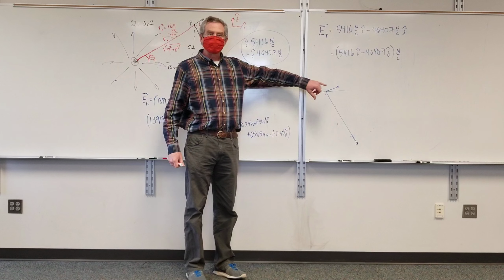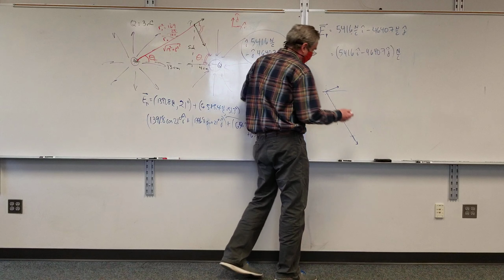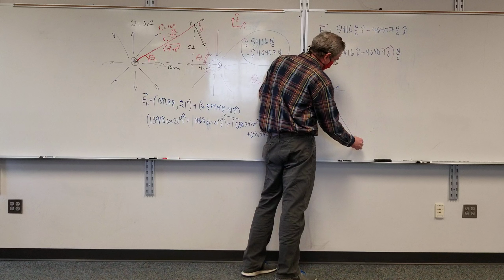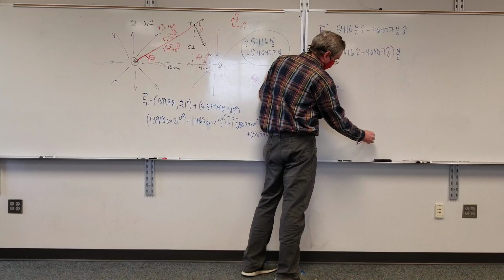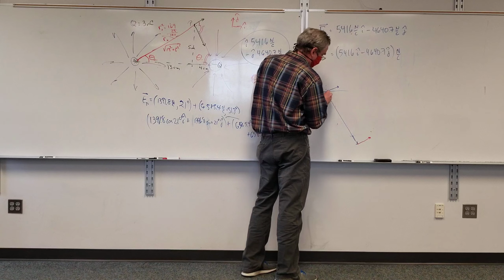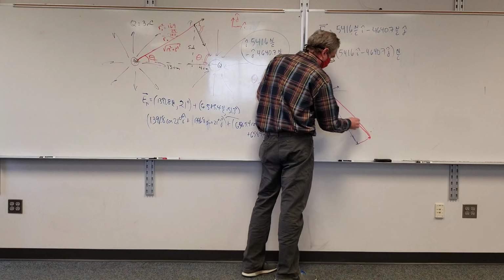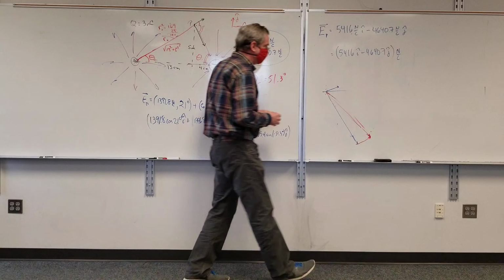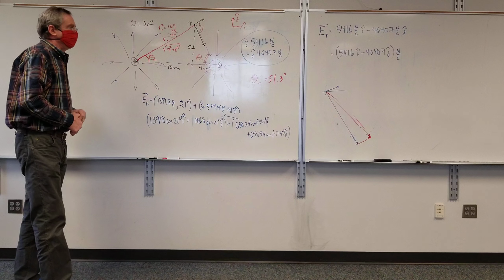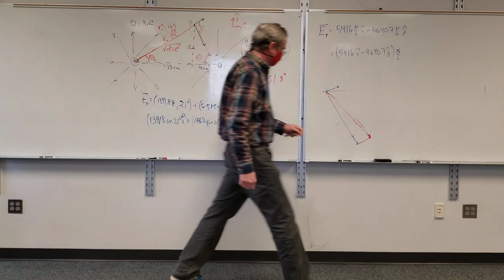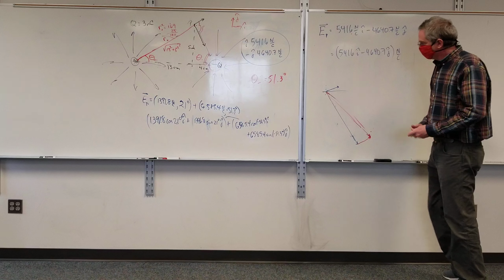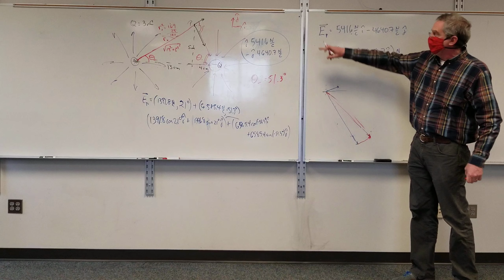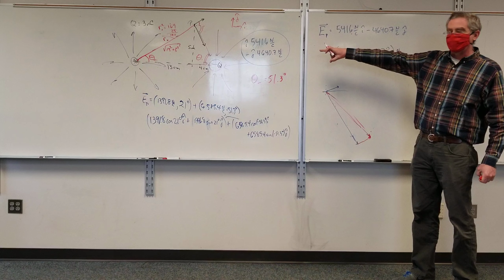Adding two vectors at the tail. Those are supposed to be parallel, and my resultant is right there. I'm practically going to the right just as much as I'm going down.